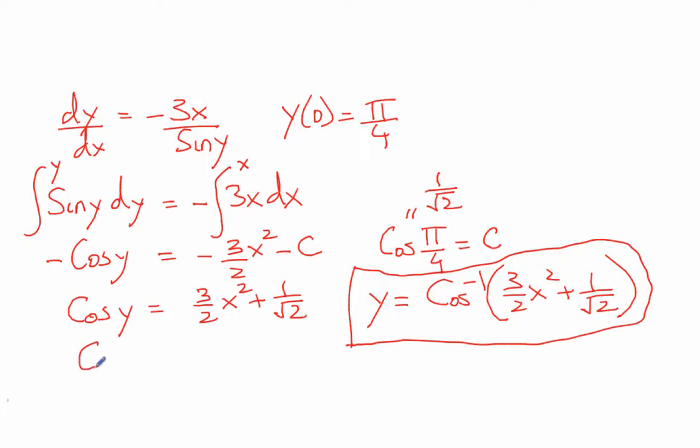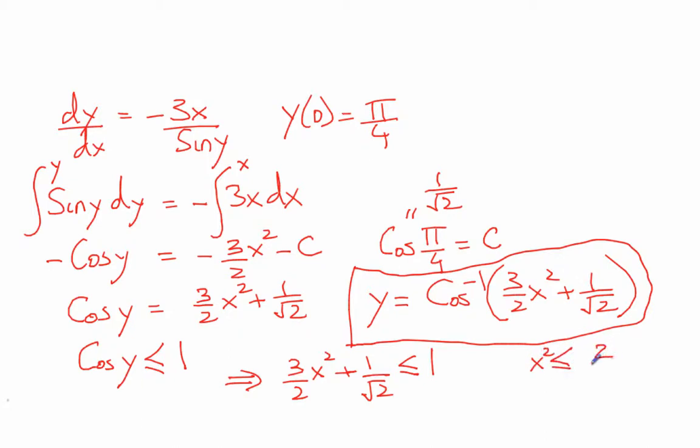So let's use the requirement that cosine of y has to be lesser than or equal to 1, which means that 3 over 2 x squared plus 1 over square root of 2 then has to be lesser than or equal to 1, which says that x squared has to be lesser than or equal to 2 over 3 into 1 minus 1 over square root of 2.